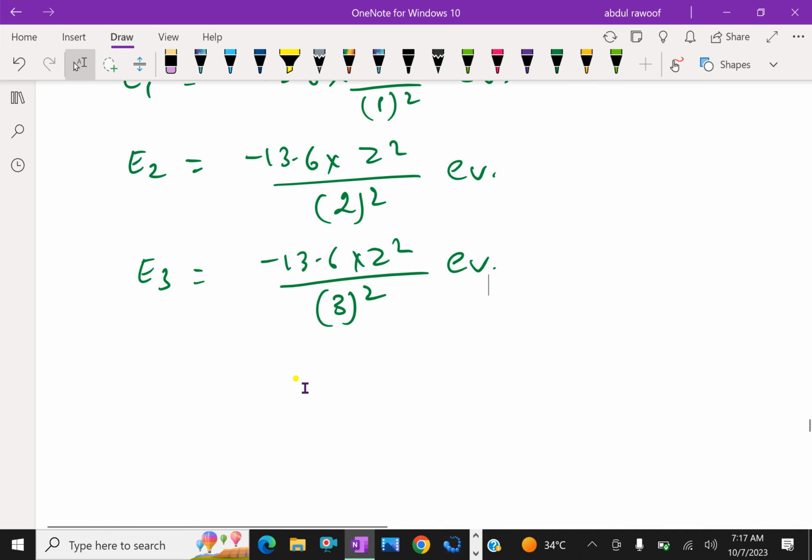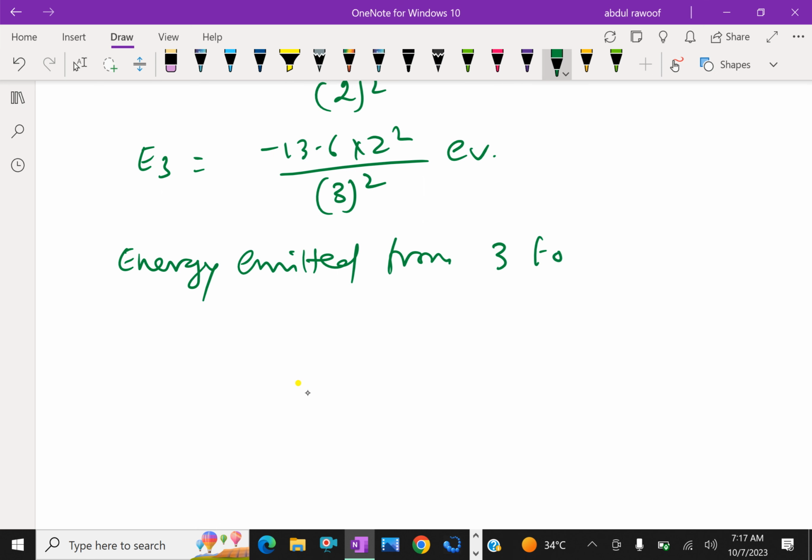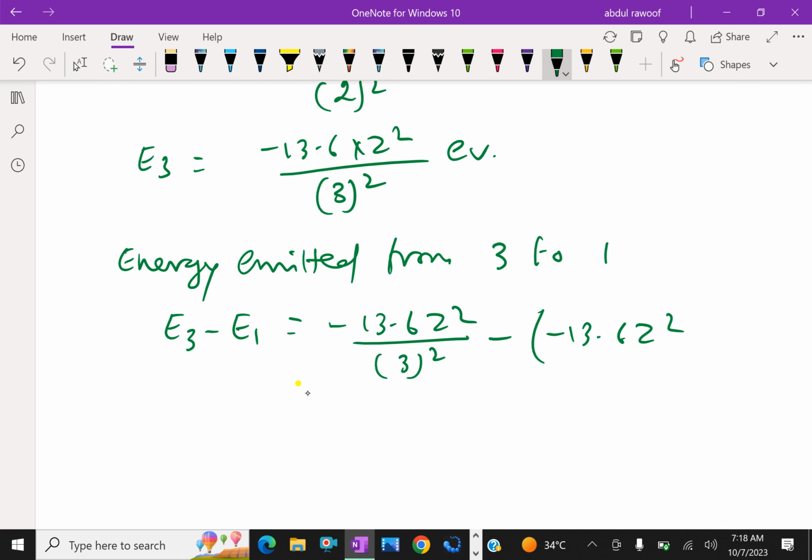Now energy emitted from jumping from orbit 3 to orbit 1, that is E3 minus E1, is equal to minus 13.6 z square over 3 square minus of minus 13.6 z square over 1 square.